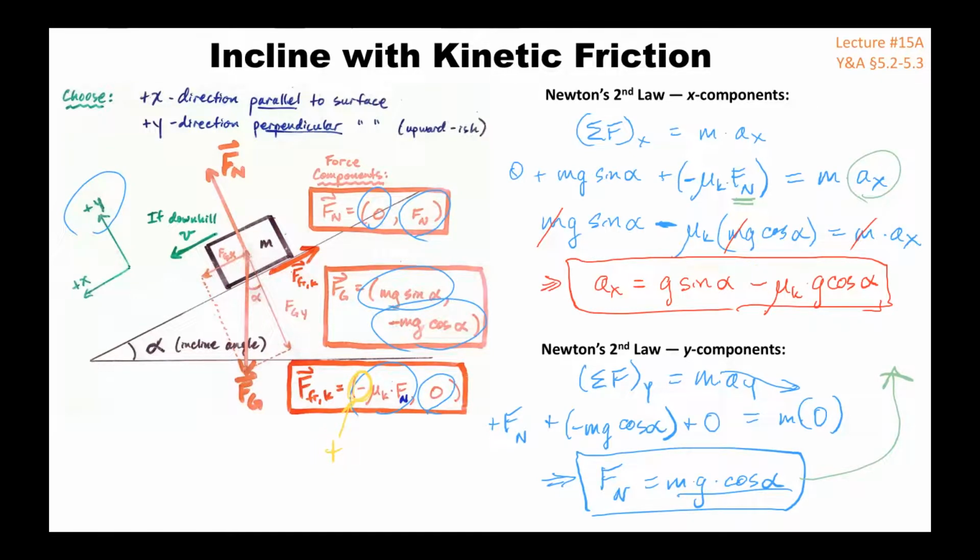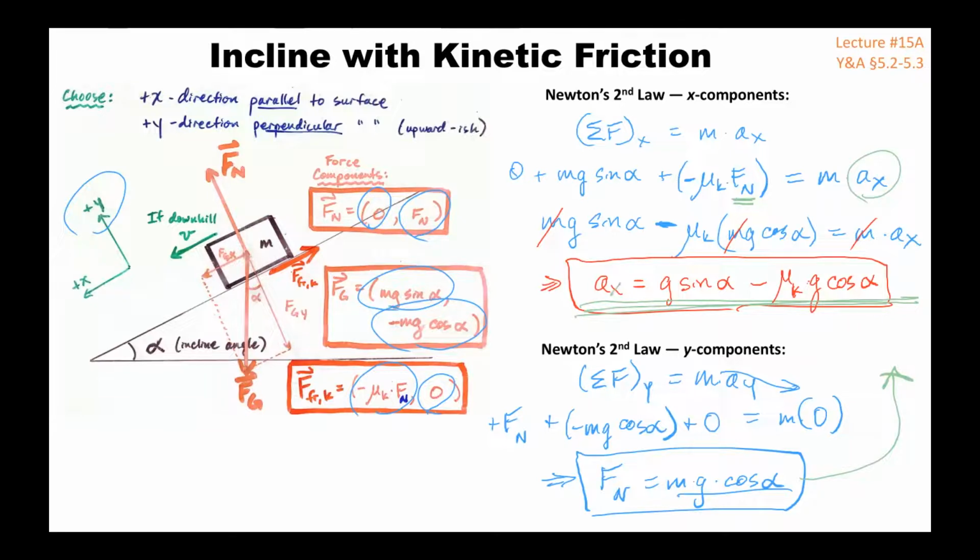Finally, let's consider whether this acceleration is in the uphill direction or the downhill direction. Well, if this quantity here overall were positive, then the acceleration would be in the downhill direction.